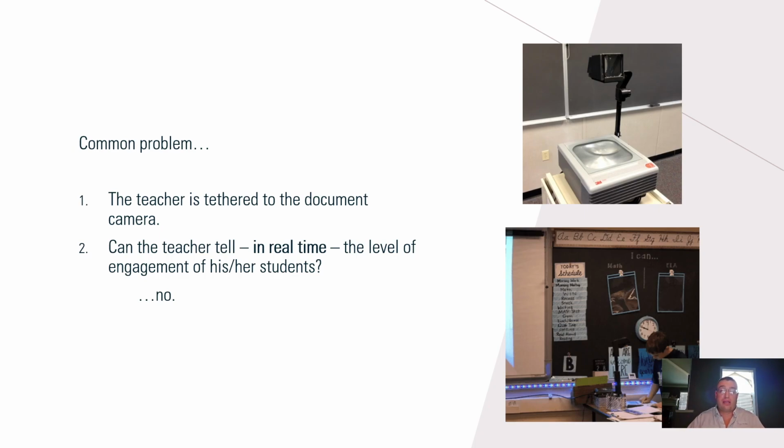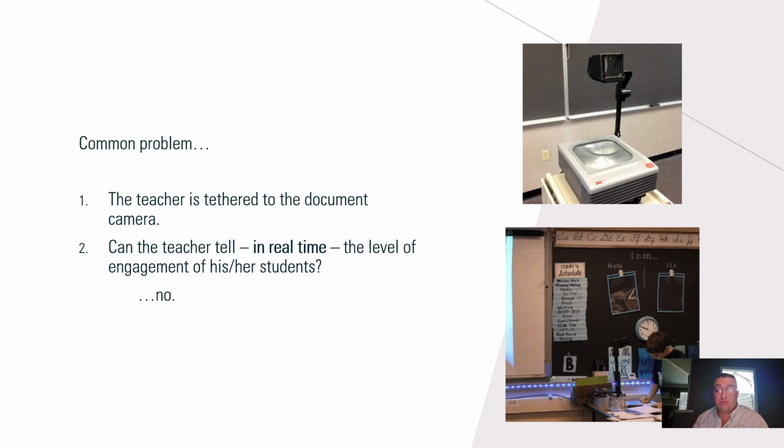The other issue that I see with both of these: can the teacher tell in real time the level of engagement of their students? If the teacher is under the document camera or with the overhead projector, they're the same thing. If the teacher is underneath the document camera and they're lecturing, giving notes, they can't go to the student. They are stuck where they're at.